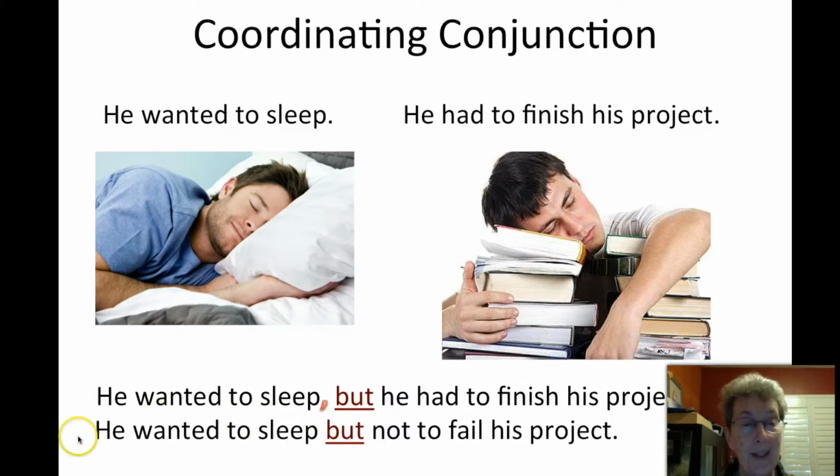On the other hand, he wanted to sleep but not to fail his project. What are we combining here? There's no comma, so they're not two simple sentences. We're combining this infinitive verb, to sleep, and this infinitive verb, not to fail. And that also has an object. All right? Because they're not two simple sentences, we don't have a comma.